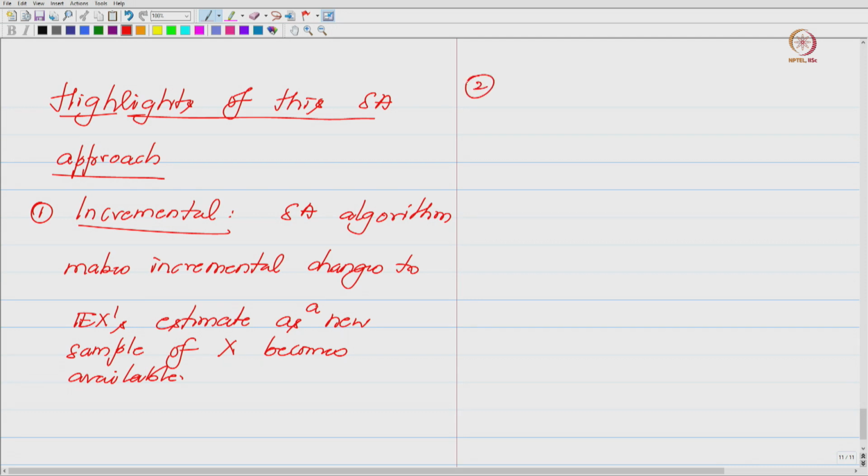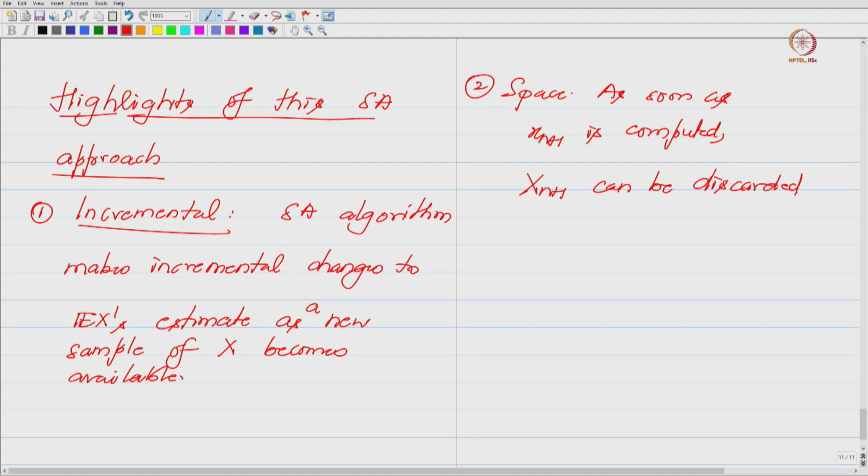And with regards to space, as soon as xn plus 1 is computed, capital Xn plus 1 can be discarded, because when you want to compute little xn plus 1, you need little xn and capital Xn plus 1, that is all.